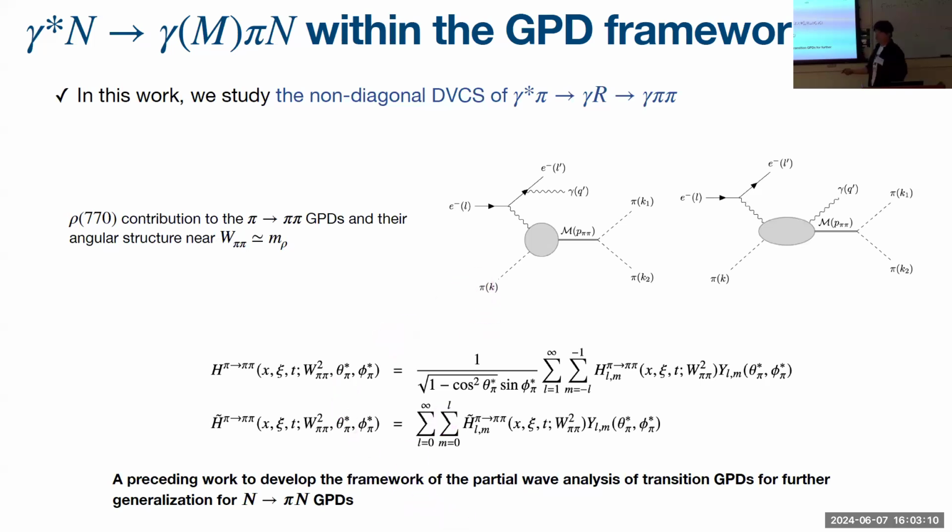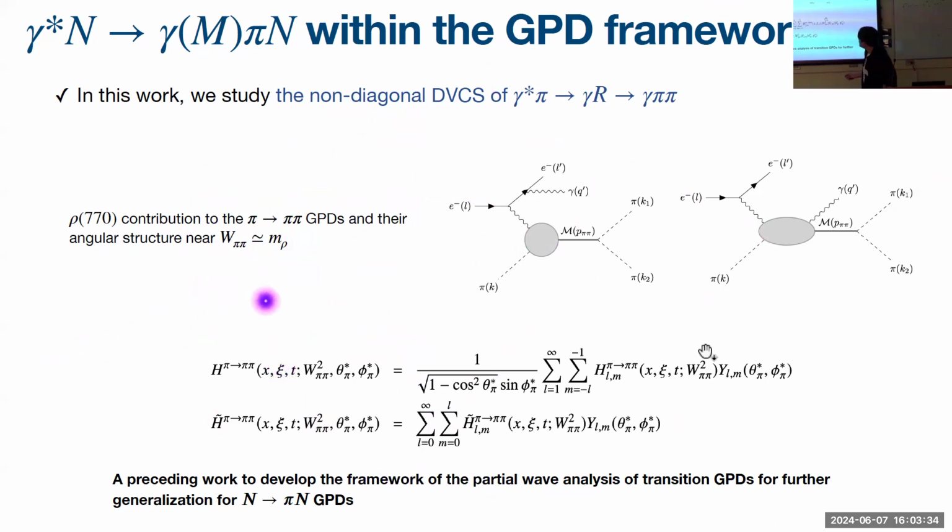Our present work aims to establish the transition GPDs as a very useful tool for studying the hadron resonance spectrum. In particular, I included manually the rho meson contribution to the pi to 2 pi GPDs and also its effect on the cross section.